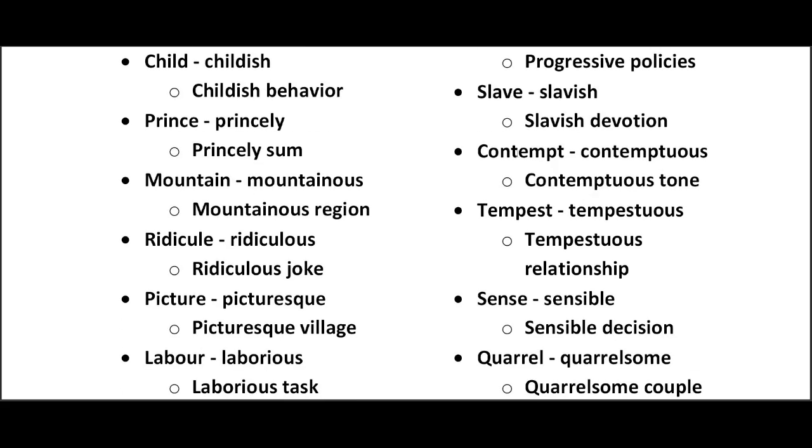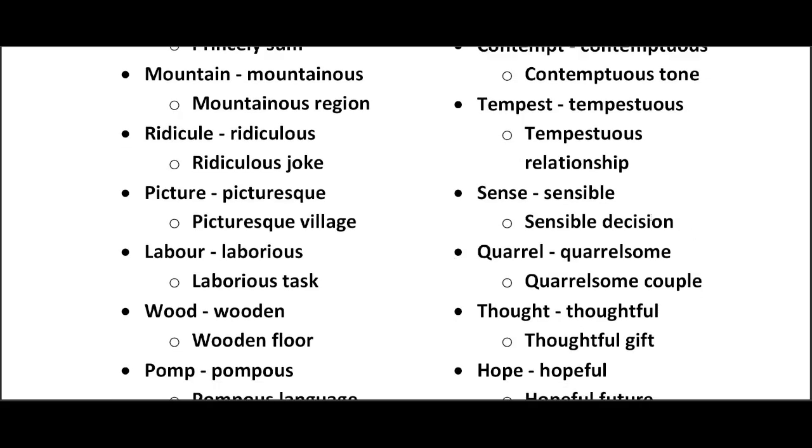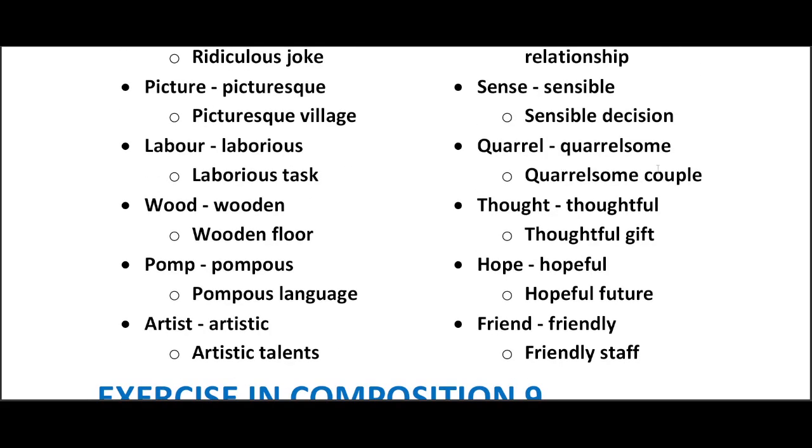Slavish devotion, contempt, contemptuous tone, tempest, tempestuous, tempestuous relationship, sensible decision, quarrel, quarrelsome couple, thought, thoughtful, thoughtful gift, hope, hopeful, hopeful future. Friend is a noun, and from it we have formed adjective friendly, a friendly staff.